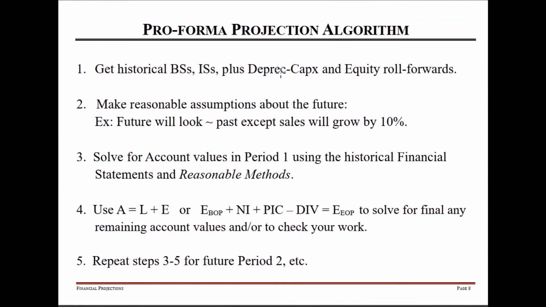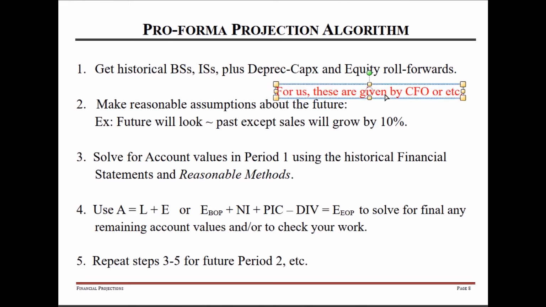So that gets us to our little recipe or algorithm for doing this. To project things forward, we need to get our historical balance sheets, income statements, plus our depreciation, capex, and equity roll forward equations. We'll make reasonable assumptions about the future, and for us, these are given by the CFO or etc. So I would definitely not expect you to have to make the reasonable assumptions about the future.